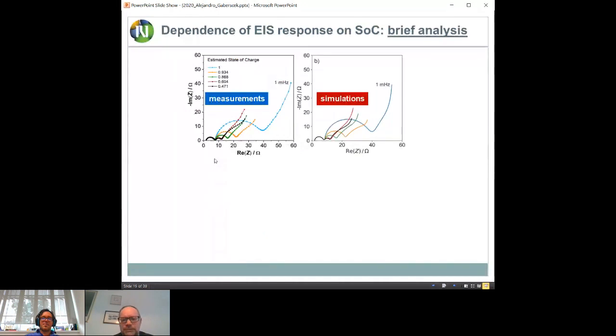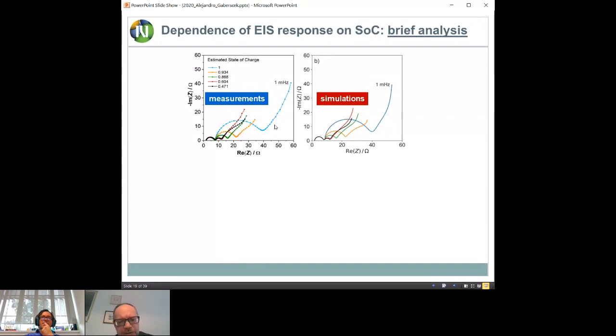Here are the measurements, and here are the simulations. Now, I will tell you how we came from the measurements to the simulation. We observed a lot of these measurements, and we saw that you can basically cover all the changes during charge and discharge by only varying 2 parameters.